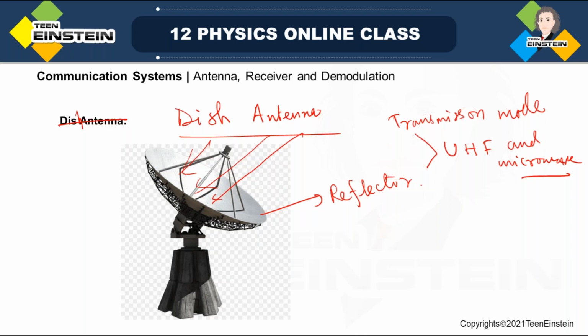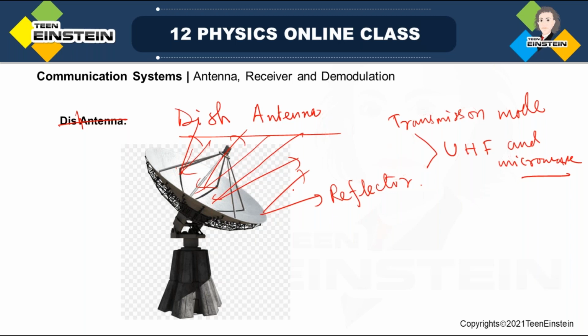Then at the emitter end, the dipole converts the electrical signal into electromagnetic waves, and those electromagnetic waves will be reflected in a particular direction. That's why it is called highly directional.